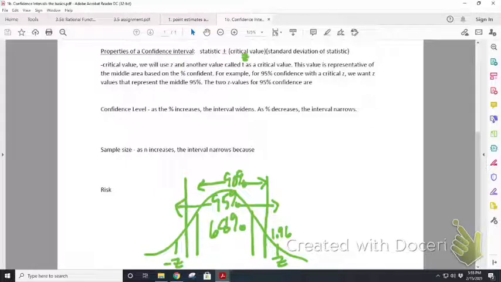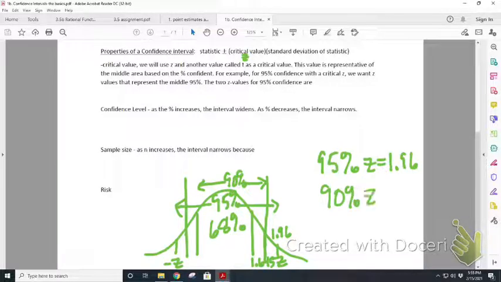I'm sorry, this is getting messy. So let's write this nicer over here. For 95%, z equals 1.96, and for 90%, z equals 1.645.